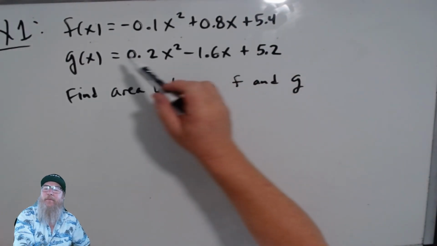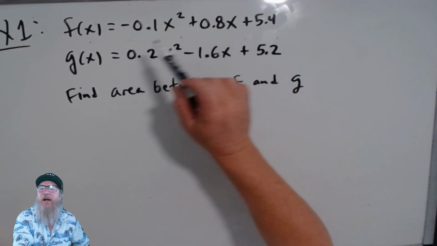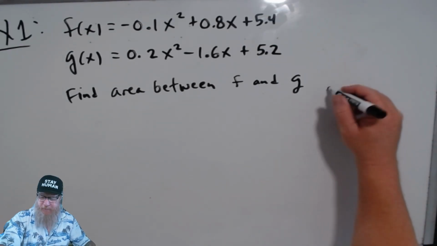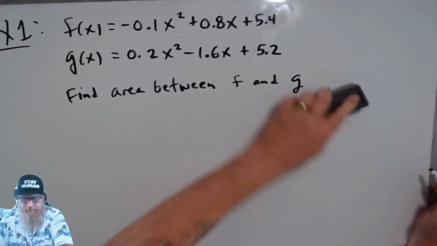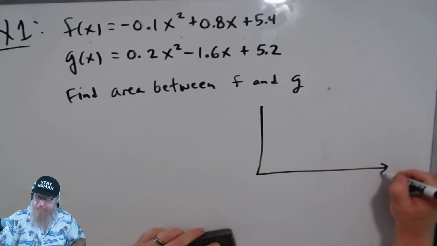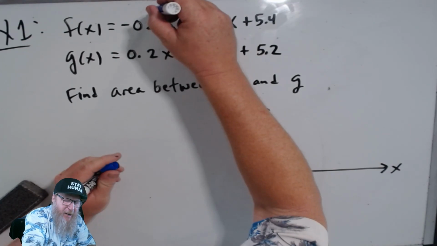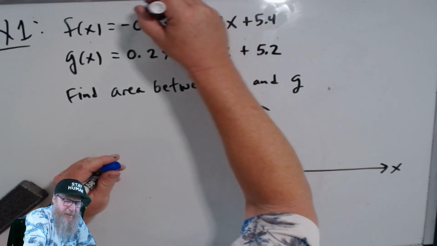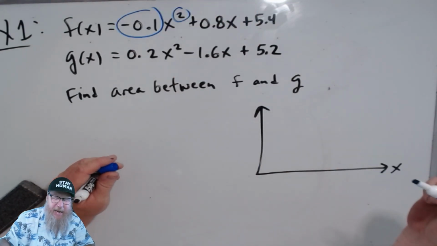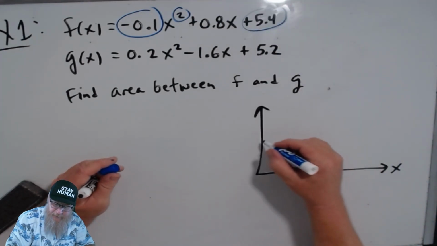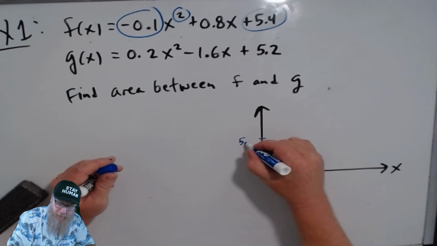Now, with these decimals and such, I'm just going to do a very rough sketch. Maybe I'll do it like here. It's a parabola. f is a parabola, has a negative coefficient and a y-intercept at 5.4.